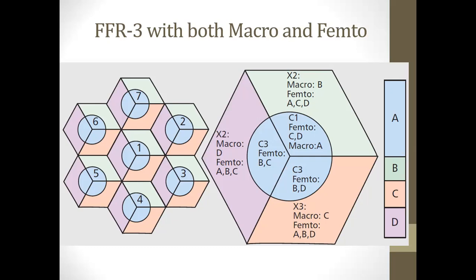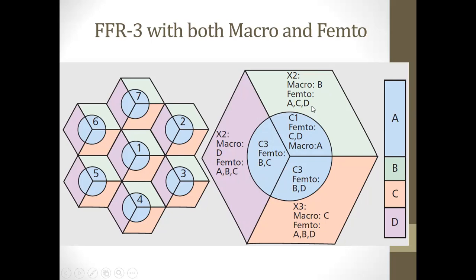And for the inner part, let's see here, you allow the large share A. But entry users are scattered, again with whatever is split. Like when you're using D for macro, the rest three, ACD, are allocated to femto.